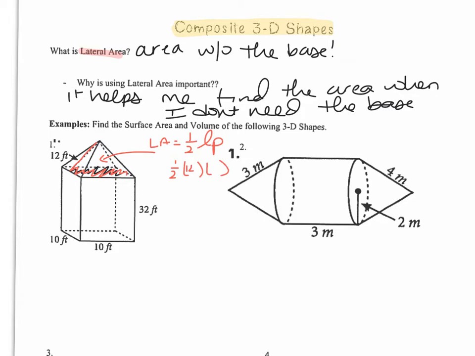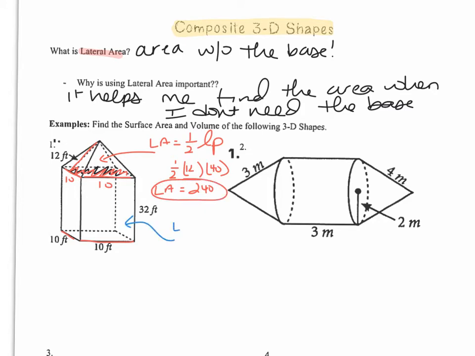P is the perimeter of my base. If this down here is 10, I know this is 10, and if this is 10, I know that up there is 10. So 10 plus 10 plus 10 plus 10 is 40. My lateral area of my pyramid is 1/2 times 12 times 40, which is 240. I'm just going to lightly circle that so my brain remembers where it is.